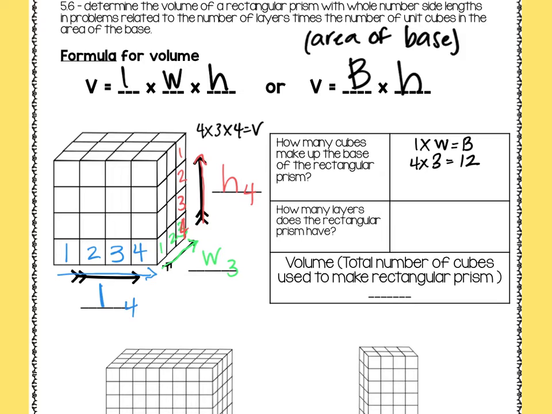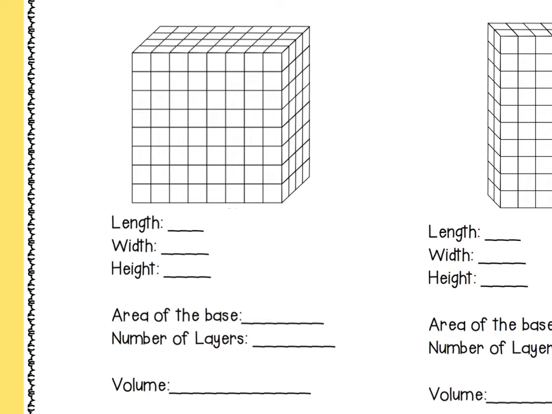And I know that my height is 4, so I have 12 and 4 for my base times my height, and 12 times 4 is 48 cubes.